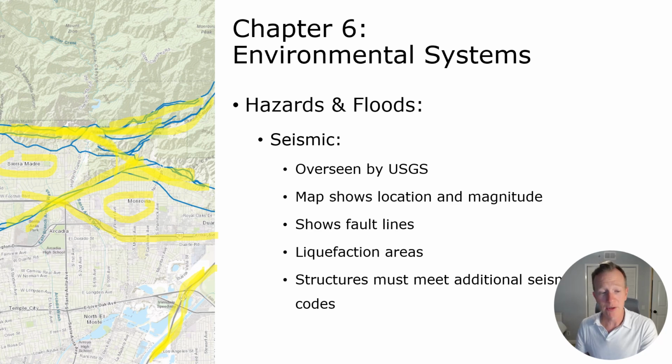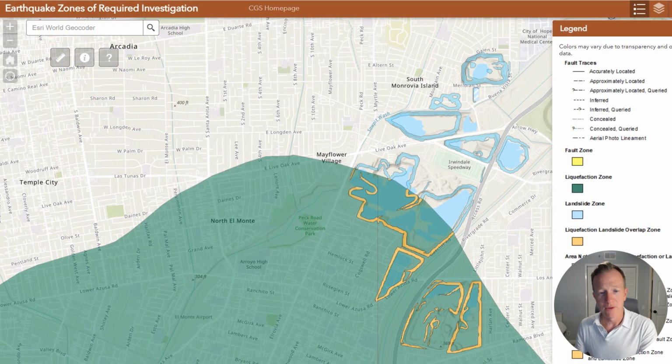But in the next slide, I want to show you a liquefaction map. So this is a map along the 605 freeway near the area of Temple City and El Monte.